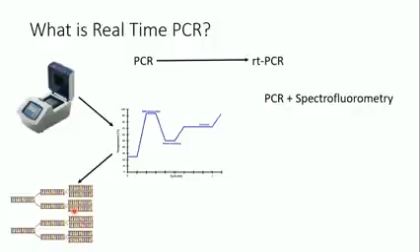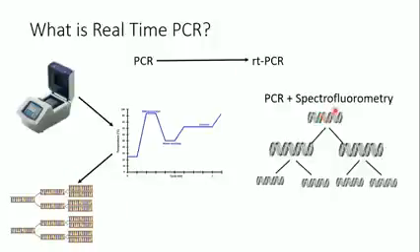So I will get an estimation of how much DNA I had in each cycle of my PCR process. So let's say this is the PCR. We have double numbers of DNA sequences after each cycle. The spectrofluorometer will be measuring the amount of DNA in my sample during the PCR continuously. And this is how it works.